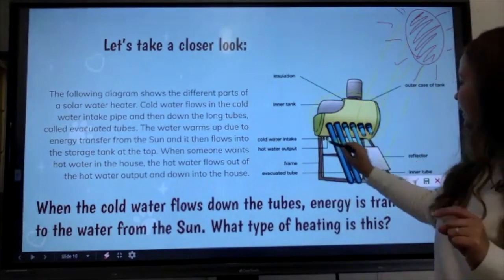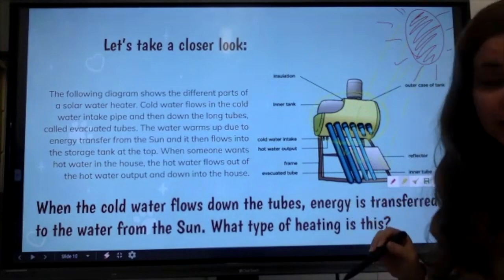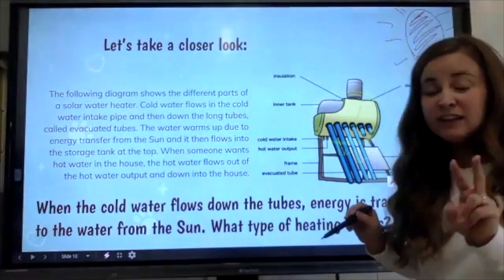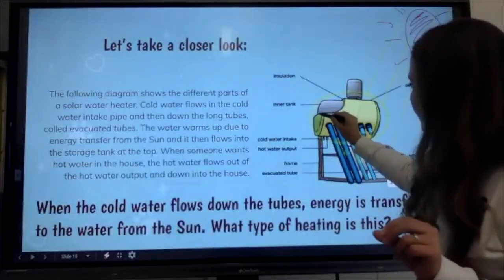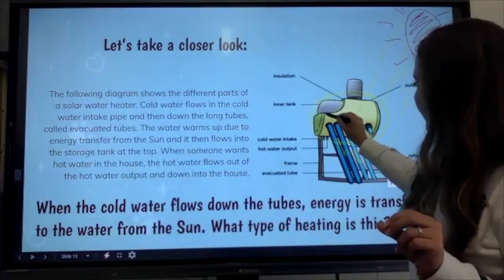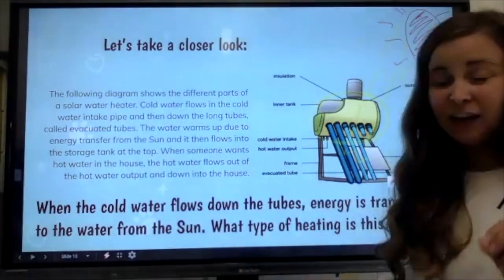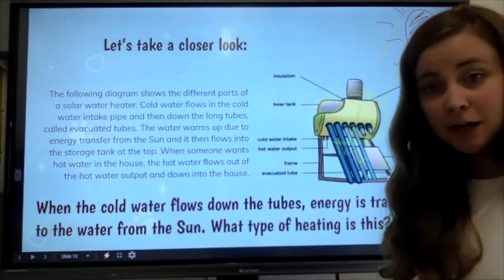Another thing that I want you guys to keep in mind here is that in this solar water tank, you have 2 layers. And this is very important. And this might be something you could use in your shelter. Because the inner tank is made of metal, which is a conductor.